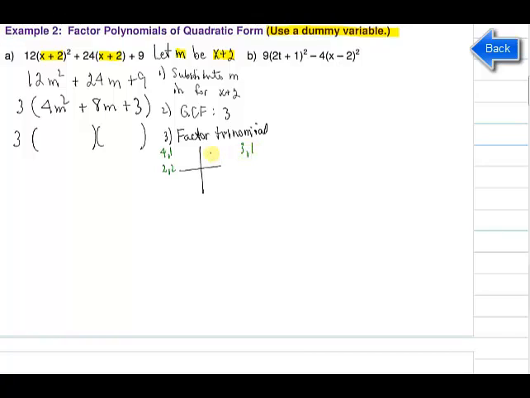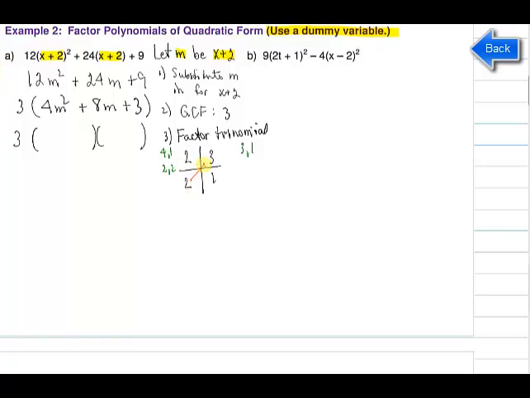So the 3 and the 1 is given. There's only one way you can factor 3. But you have to make a decision between the 4 and the 1 and the 2 and the 2, and this is where your trial and error is going to come in. I'm going to choose the 2 and the 2. My 8's still not a really big number, so I'm going to pick my factors that are closest together in value. So I'm going to put a 2 and a 2.